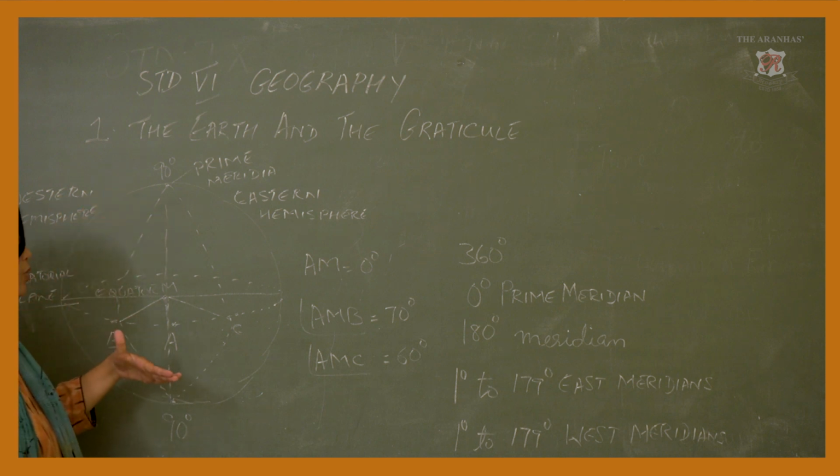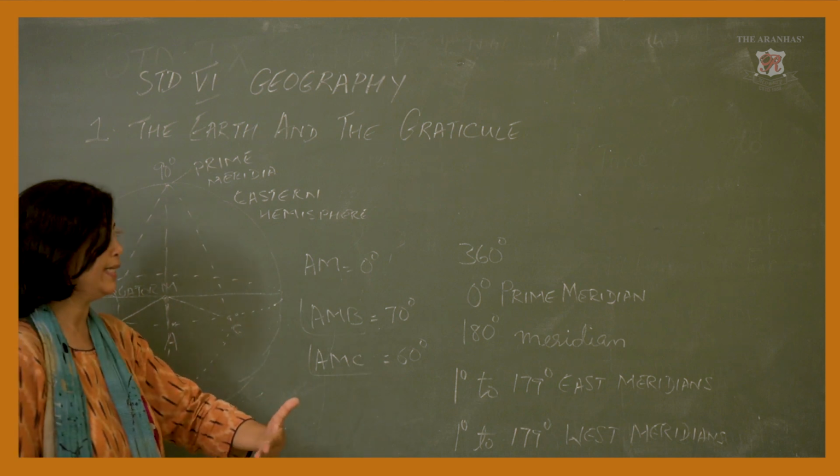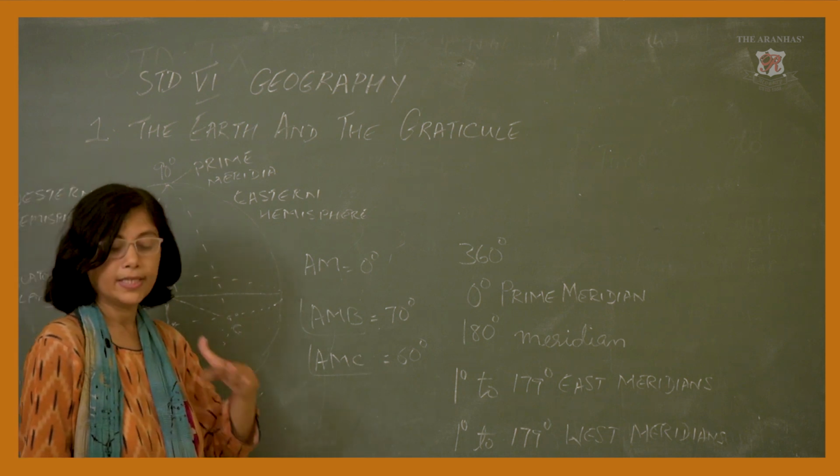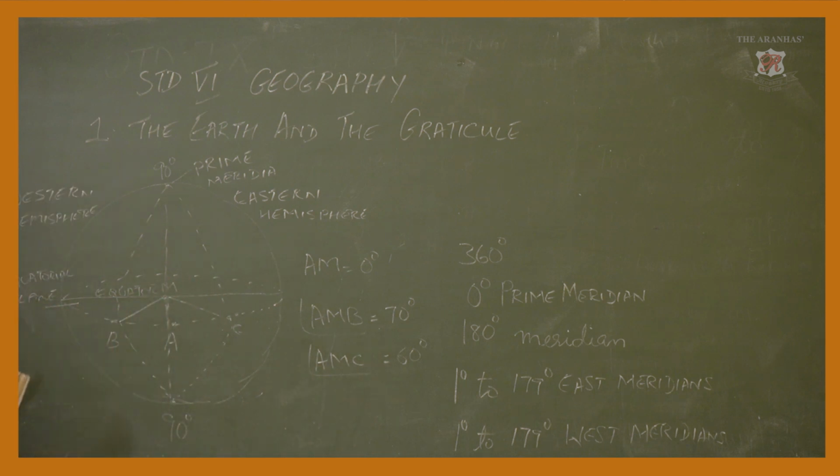On this side of the globe it is 0 degree, on the opposite side it is 180 degree. In all we have 360 meridians that we can draw. All of them are imaginary lines.